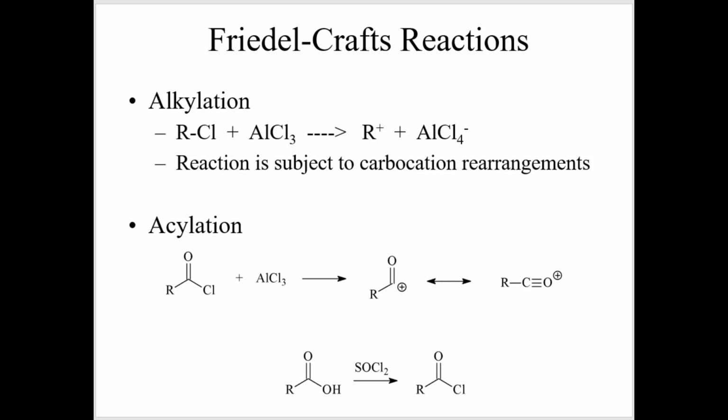And so in terms of looking at what happens there, let's say I took isobutyl chloride and reacted it with aluminum trichloride and benzene in order to do this Friedel-Crafts alkylation. And alkylation just means I'm adding an alkyl group to a molecule. So I'm going to do this electrophilic aromatic substitution.